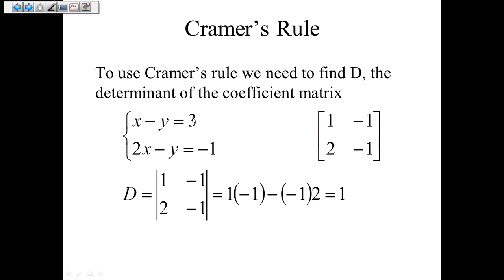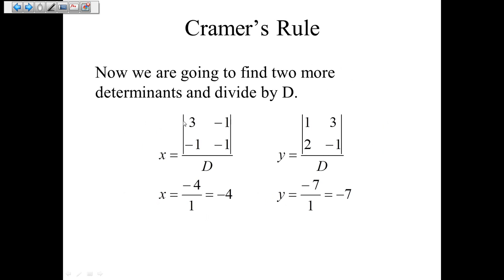So you'll see that the 3, negative 1 replaced this x column. Well, why did I replace the x column? I did it because I'm solving for x here. So I find this new determinant and I divide by D.